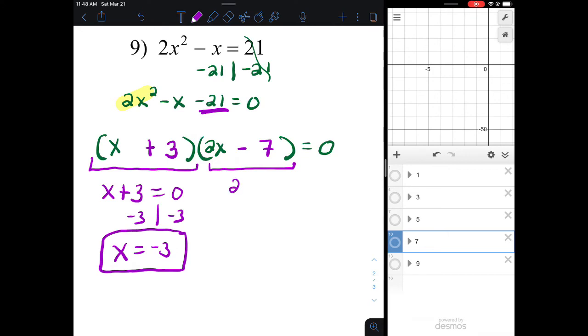If that factor produced a value of 0, then I would zero out the entire left side as well. So here I would add the 7. And then that would give me 2x is equal to 7. And then I would divide by 2, which gives me x equals 7 over 2.